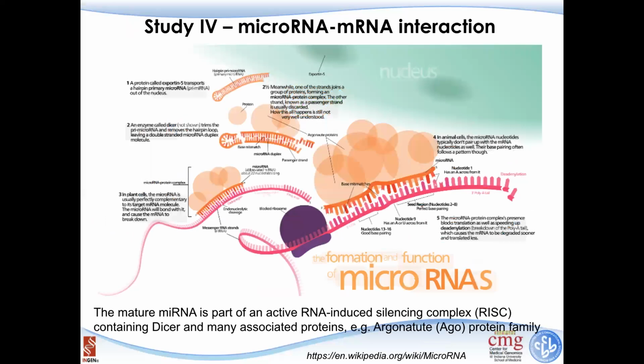Another study where we can use CLIP-seq is to identify microRNA and messenger RNA interaction. So how many of you have knowledge about microRNA? Okay, not too many. Okay, I'll just go quickly through what microRNA is.